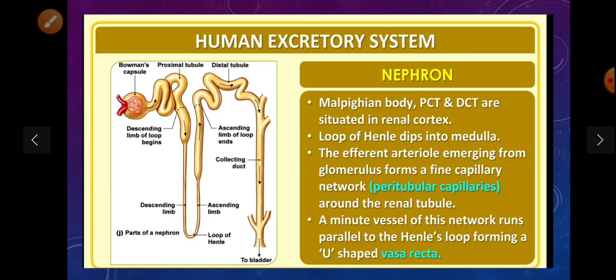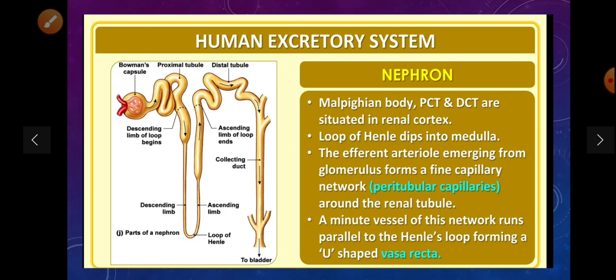Malpighian body, PCT and DCT are situated in the renal cortex. Loop of Henle dips into the medulla. The efferent arteriole emerging from the glomerulus forms a fine capillary network around the renal tubule.